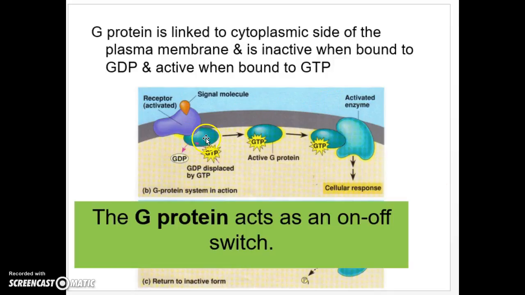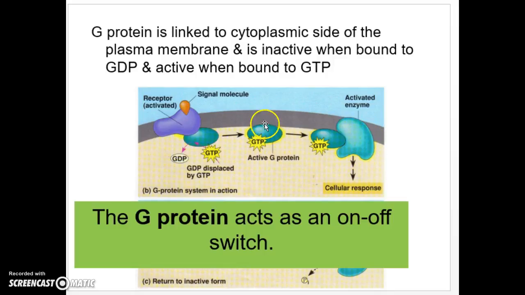Now, this G protein actually is acting as a relay molecule because it's taking the signal from here and transferring it over to a target protein. Sometimes this target protein is going to be an enzyme, like I said before. It can also be an ion channel that becomes activated and opens up.